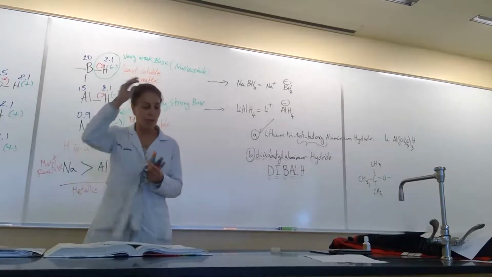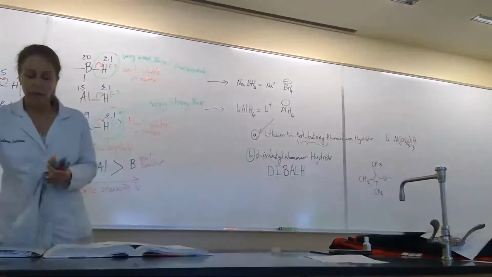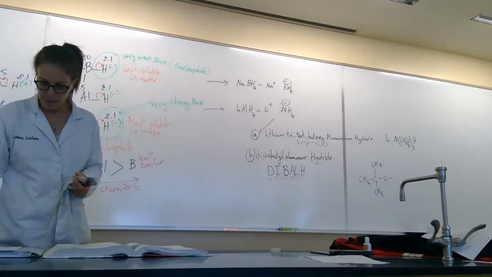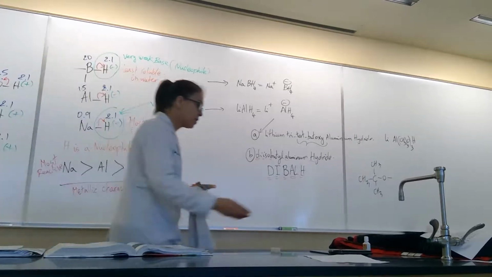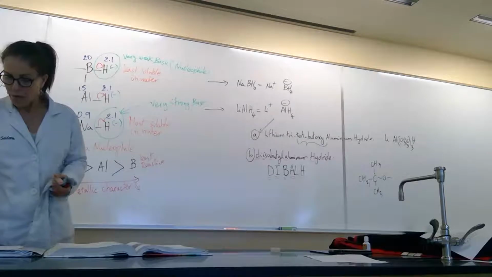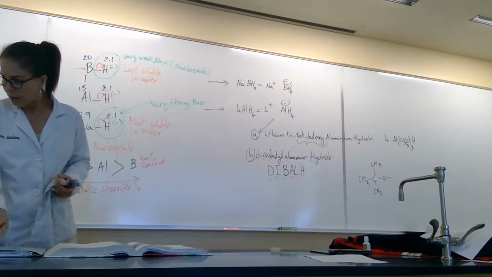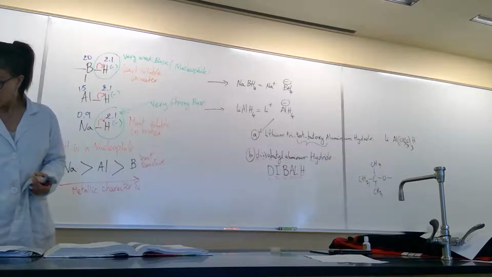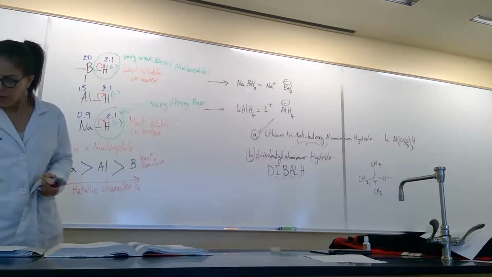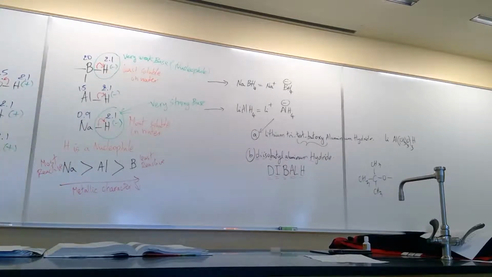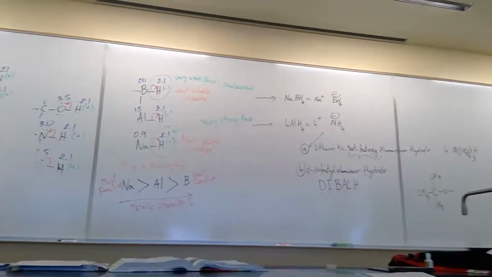Okay, now let's move to the carbon-containing compounds, which is organometallic compounds, which is what is on this chapter. So the analogy here, the carbon-containing compound. So I'll tell you all of these, the hydrides and the carbon-containing hydride compounds, what they're used for.